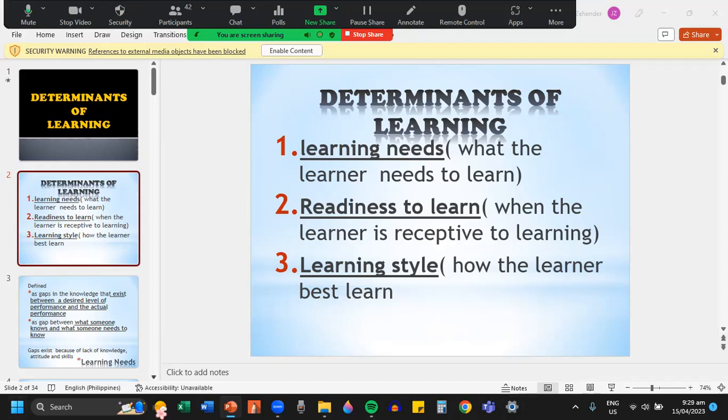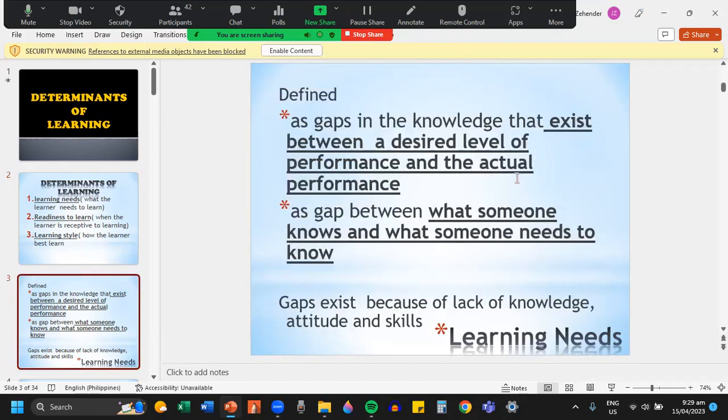So to have a further definition in your learning needs, learning needs are defined as gaps in the knowledge that exist between a desired level of performance and the actual performance.